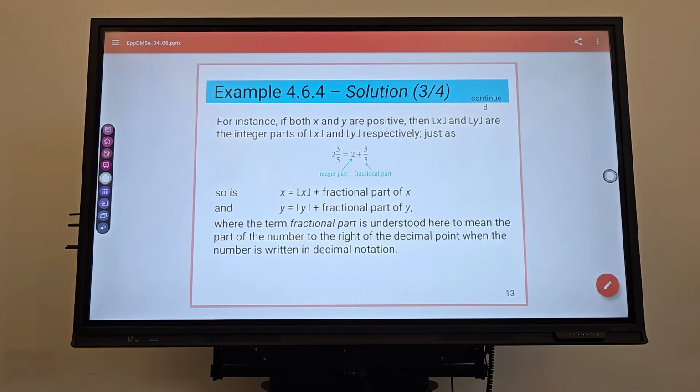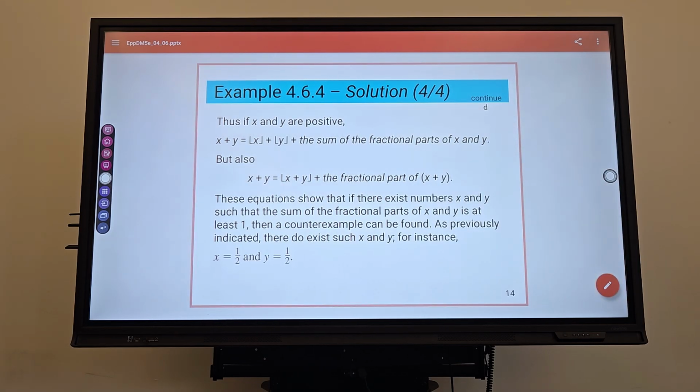For instance, if both x and y are positive, then floor of x and floor of y are the integer parts of x and y, respectively, just as 2 3/5 equals 2 plus 3/5. So x equals floor of x plus the fractional part of x, and the same with y, where the term fractional part is understood here to mean the part of the number to the right of the decimal point when the number is written in decimal notation.